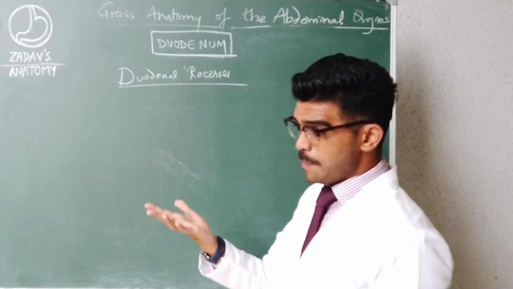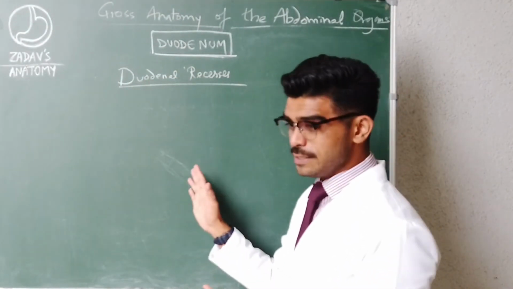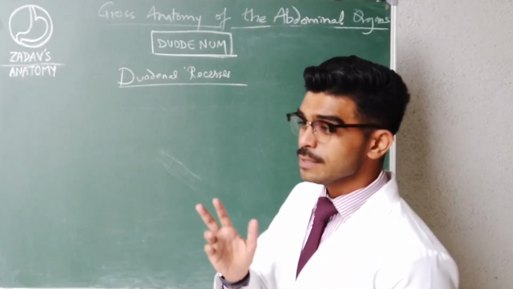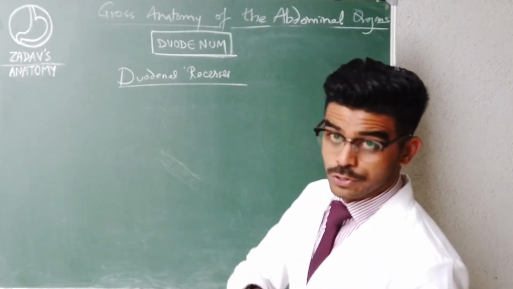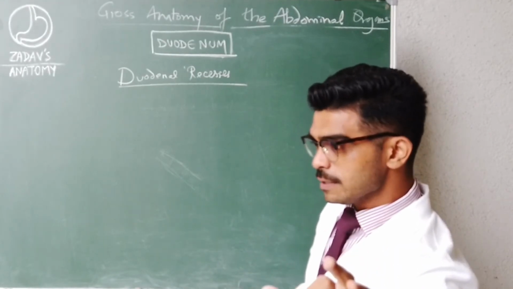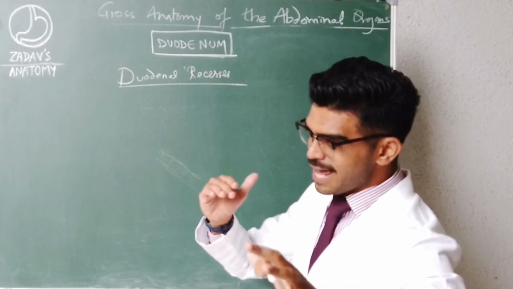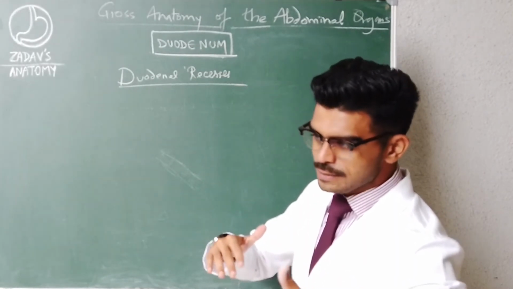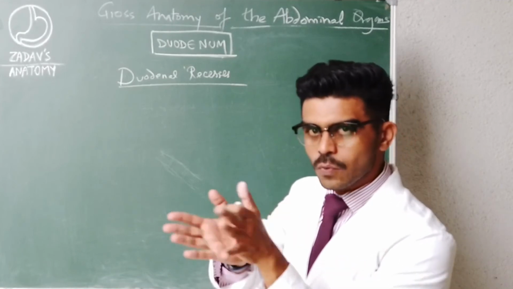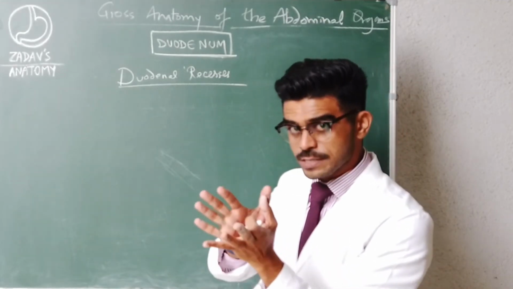Now, by the time you reach the jejunal end, it is now slightly entered back into the peritoneum, as in not intraperitoneally. If you got your concepts correct, you know that nothing really pierces the peritoneum. But so it's coming back because now the remaining part of the small intestine, that is the jejunum and the ileum, are going to be embedded in the double fold that is known as the mesentery.